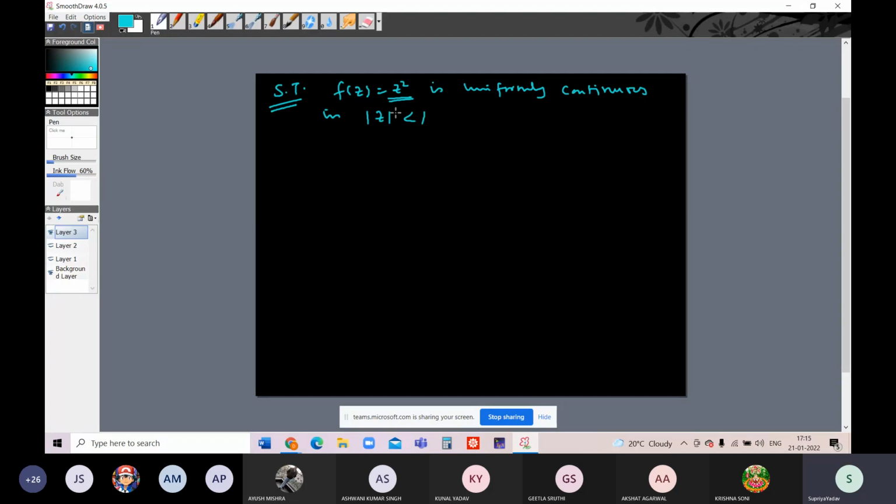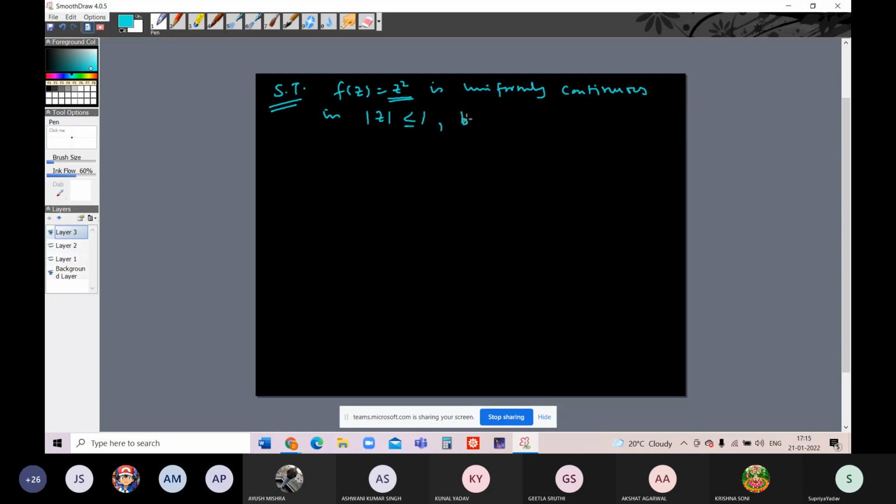So this is the closed mod z less than or equal to 1. So this function z square which is continuous everywhere, and here I am considering a region which is bounded and closed. क्लोज भी है, बाउंड्री के पॉइंट्स भी लिए हैं, and it is also bounded region. Mod z cannot take any value which is greater than 1. तो इस केस में ये हमें दिखाना है कि ये यूनिफॉर्मली कंटिन्यूअस है.